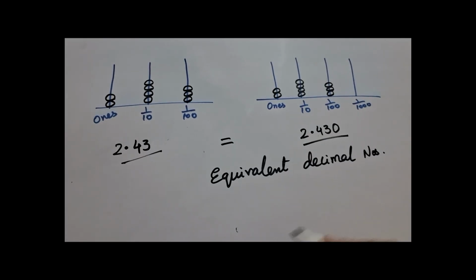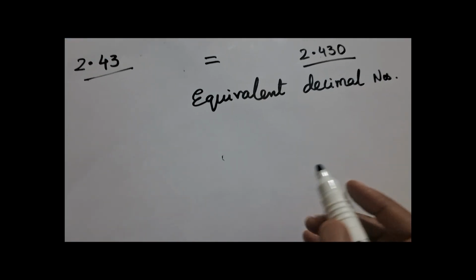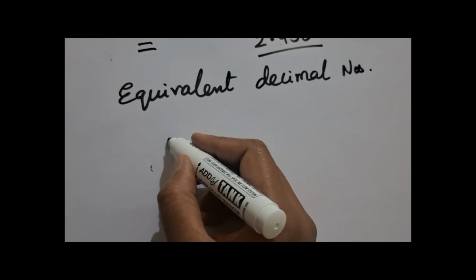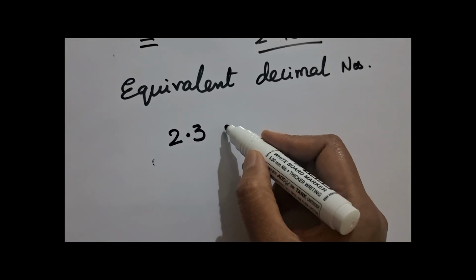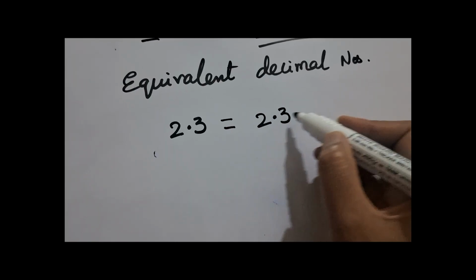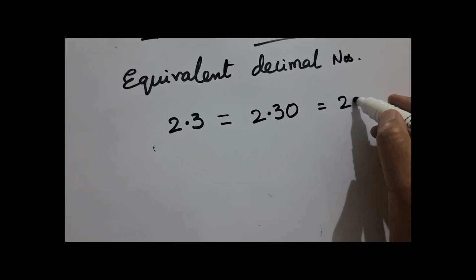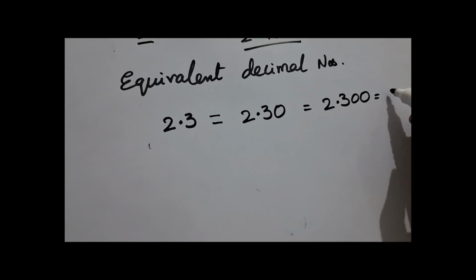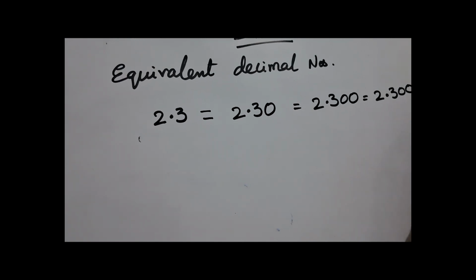Okay, children. Let us take one more example for equivalent decimal numbers. For example, 2.3. Okay. 2.3 is equal to 2.30 and it is also equal to 2.300 and also it is equal to 2.3000 and so on.